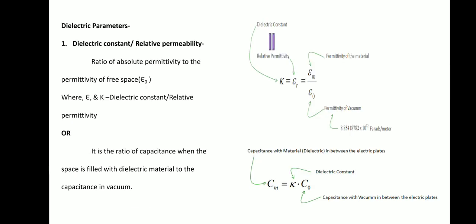Now this slide shows some dielectric parameters. The first dielectric parameter is the dielectric constant, also known as relative permittivity. The definition of the dielectric constant is the ratio of absolute permittivity to the permittivity of free space.